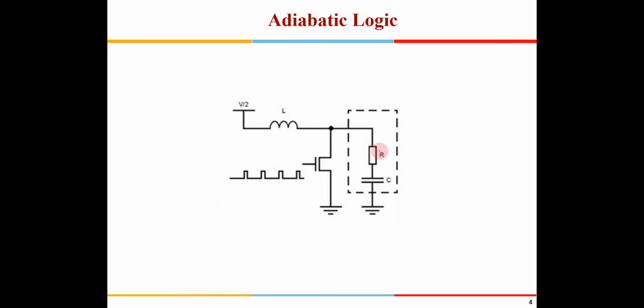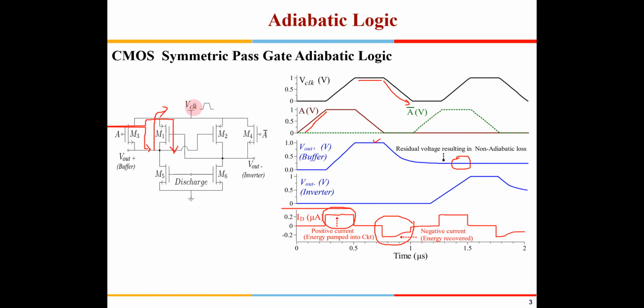If I consider an ideal situation where R is equal to 0, and I just put VDD, L and C, then it will start oscillating, right, like this? You will have an oscillator. The frequency will depend on the L and C, so it will continuously oscillate. That oscillatory signal I can give at VDD.